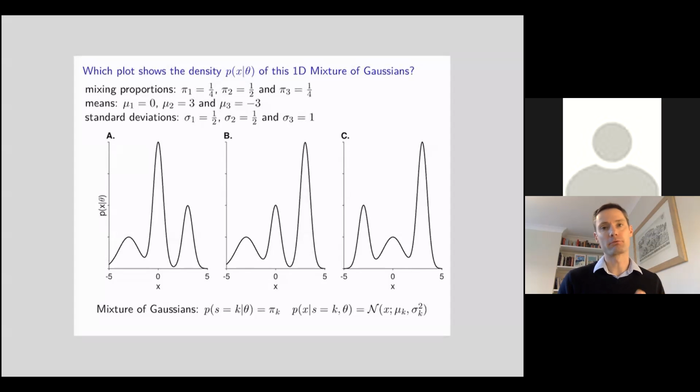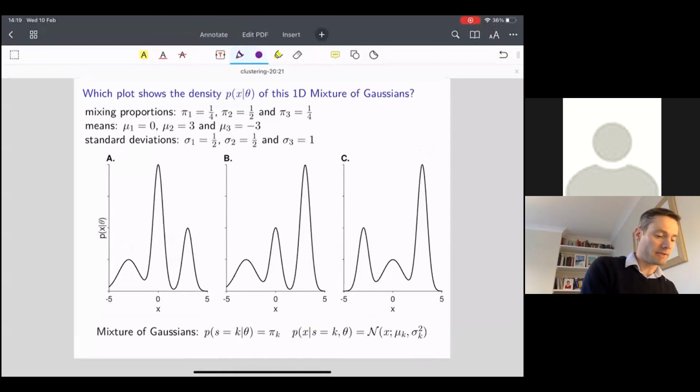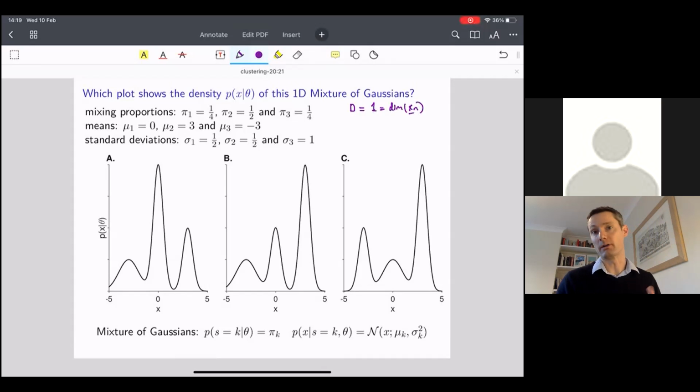I want to do that by asking you a question. The question is going to focus on a really simple case where we can visualize things easily. I'm going to imagine the dimensionality of our observed data in this case is just 1. Remember, this is the dimensionality of our observed variables xn. So we're looking at 1D mixtures of Gaussians.